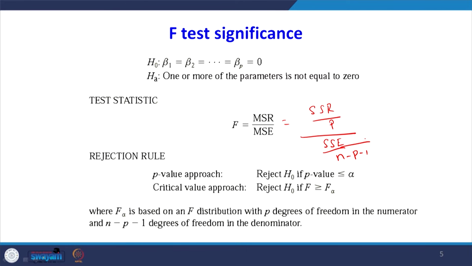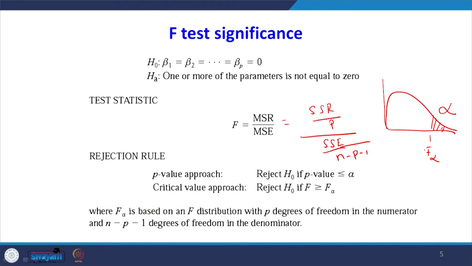This hypothesis testing can be done in two ways: one is the p value approach, and the other is the critical value approach. In the p value approach, reject H naught if the p value is less than or equal to alpha. The F distribution is right skewed, and this is your alpha value. Here you get F alpha, which you can get from the table.